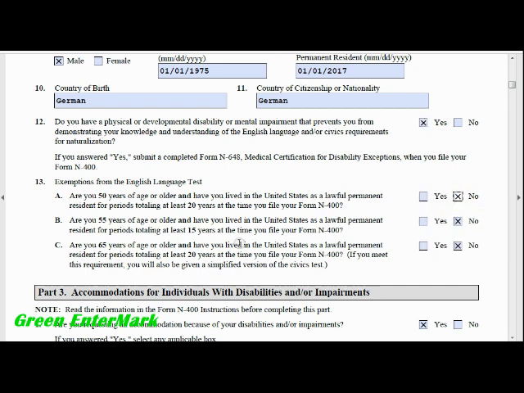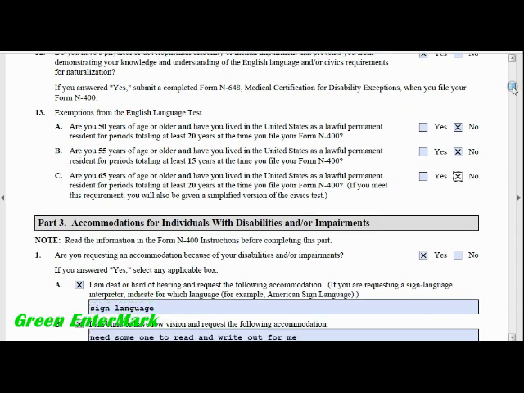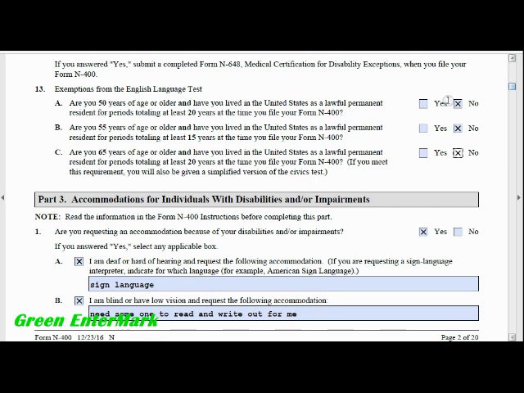Otherwise, no. If you are more than 55 years and have lived in the USA for a total period of 15 years, you say yes. Otherwise you say no if you are not old. It's for older people who do not understand English because of age or any other factor.